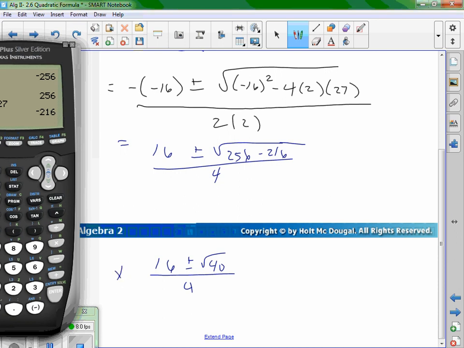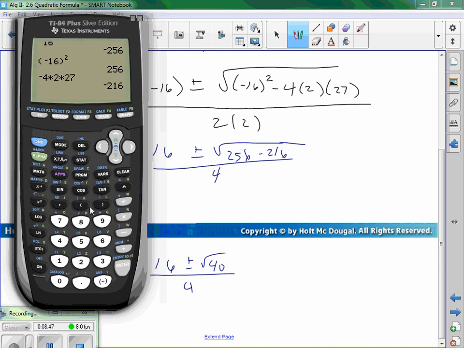What this means, I could have 16 plus the square root of 40. Notice I'm putting the 16 plus square root of 40 in parentheses. The top needs to be in parentheses, the bottom needs to be in parentheses if there's more than one term. Divided by 4.